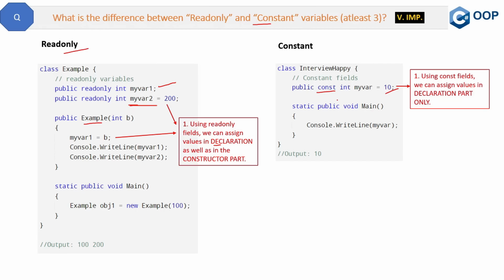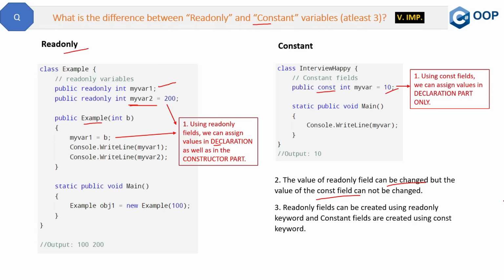The second difference is, the value of a read only field can be changed, but the value of a const field cannot be changed. This is basically the same difference, because in read only you can change the value in the constructor, but in case of constant, it cannot be changed.